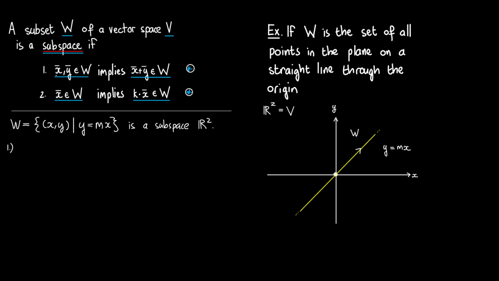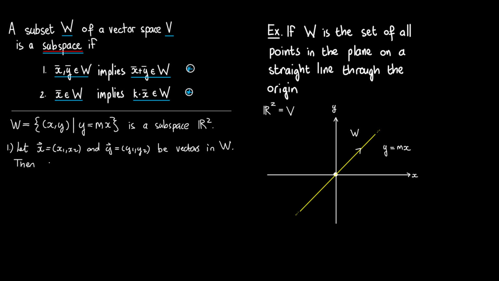So we need to begin by having any two vectors in W. So what do we do? We say let x be a general two-dimensional vector, and also the same thing for y. So these are just two general vectors, and we're going to suppose that these are vectors in W. And then we need to add them and conclude that that vector is in W. But before doing that, these two vectors being in W means something.